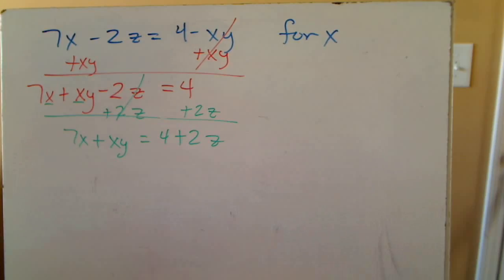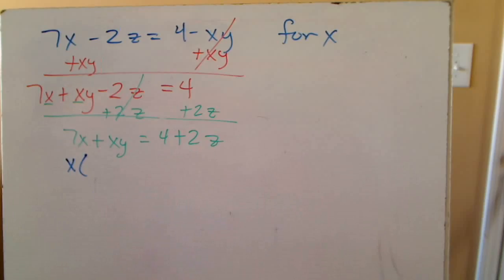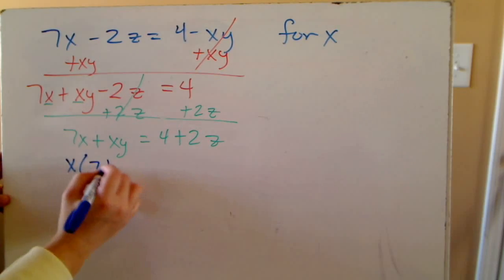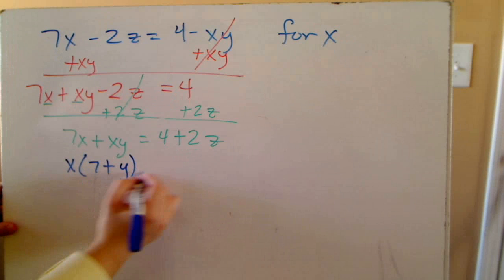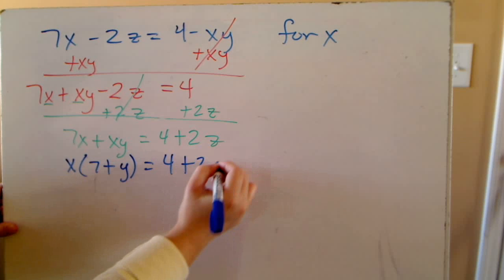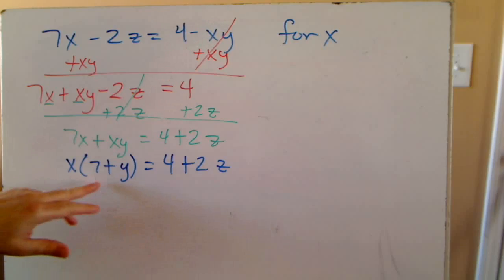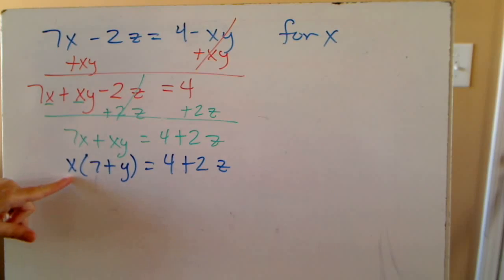And what that looks like is x, parentheses. And then after I take the x out of here, I'm only left with a 7. And after I take the x out of here, I'm only left with a y. So now I'm left with x times 7 plus y equals 4 plus 2z. Just like before, when we have a variable that we're trying to solve for and a number or something, we're going to divide by that something to get rid of it.